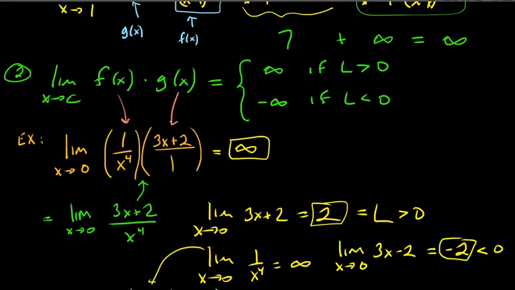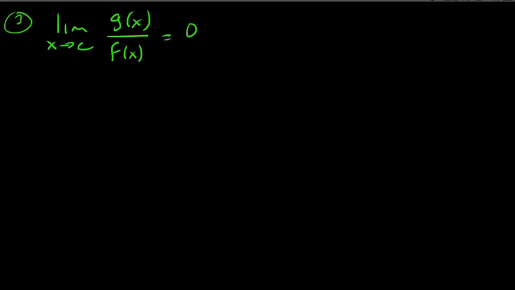Okay, so let's look at an example of that. Let's write it down again so we don't forget. x approaches c, this was g of x divided by f of x, that this limit is 0. And again, it's kind of hard to come up with an example of this, but I'll do my best.